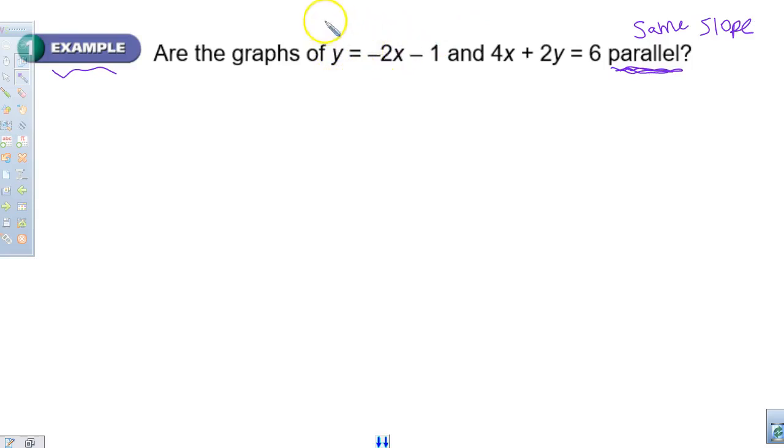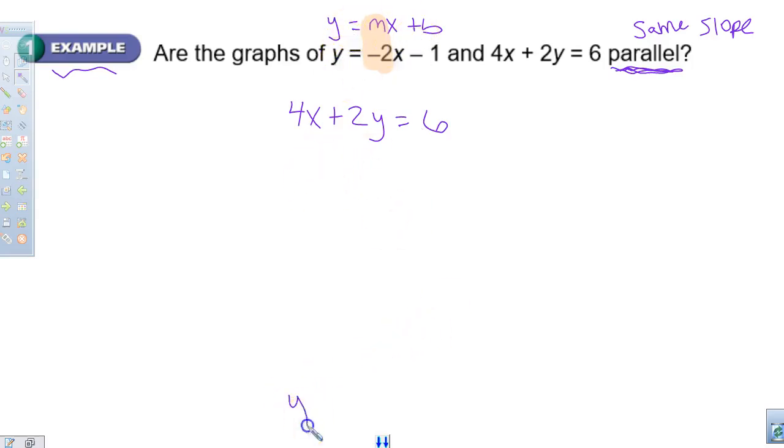In the first equation, I have y equals mx plus b, so I can see that my slope is negative 2. But the second equation is currently written in standard form, 4x plus 2y equals 6. So we're going to convert this from standard form to slope-intercept form, and that's going to tell us what the slope is.